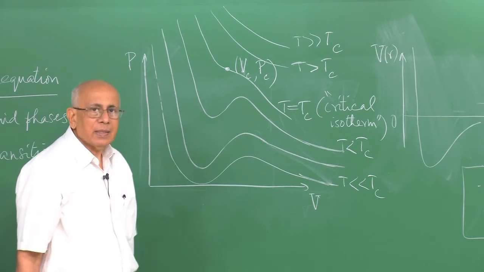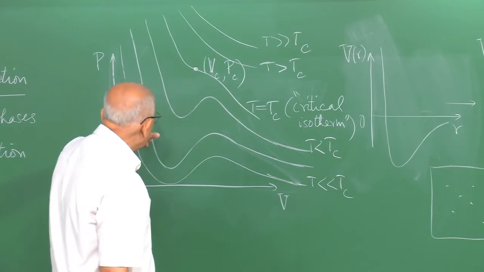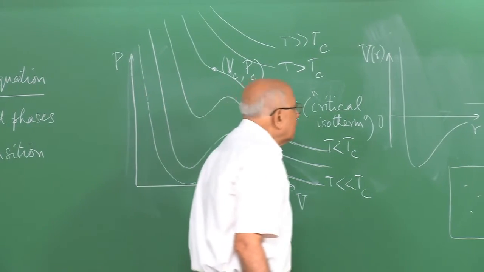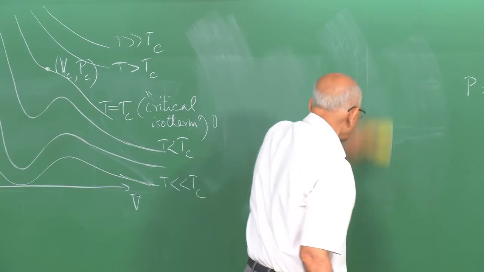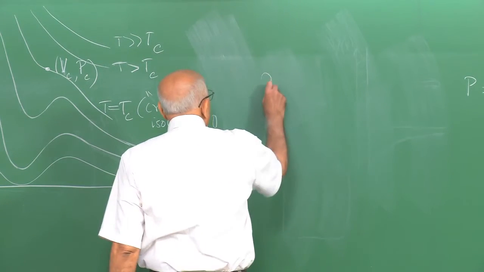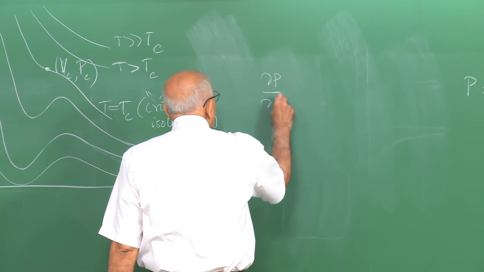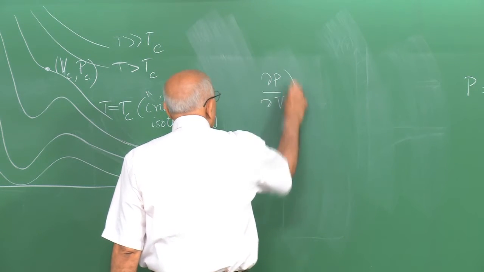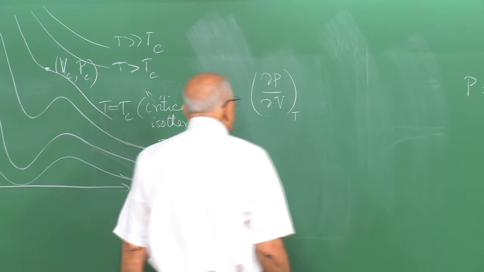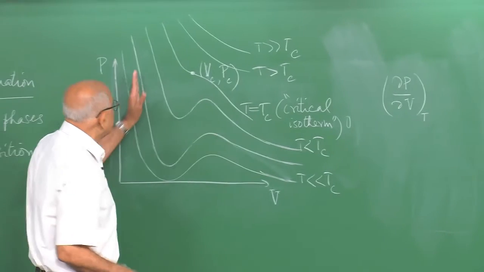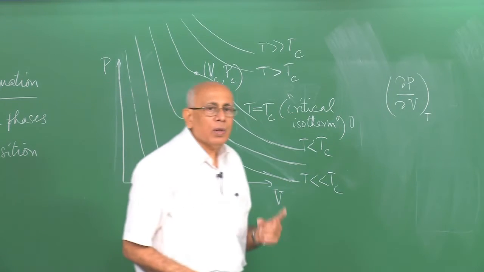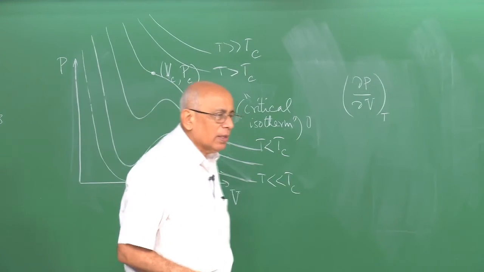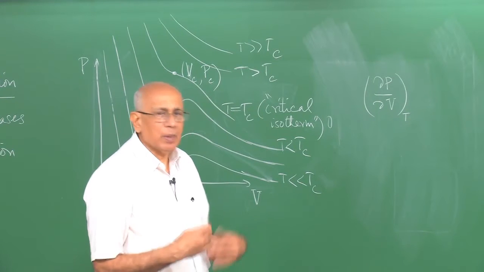What this implies is that the slope here has a physical meaning. And what is the meaning of the slope in this curve? Delta P over delta V at constant temperature has a physical meaning. This says this is very large. Now go back and ask yourself what the bulk modulus of the gas is, or the compressibility, which is the inverse of the bulk modulus.